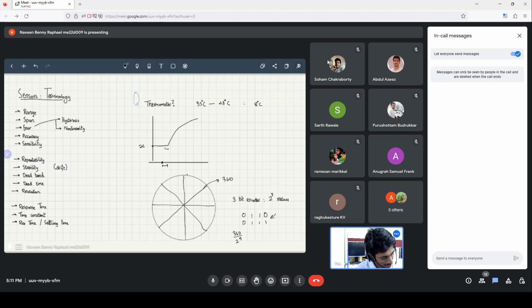So say you're here, you'll require to move the wheel an entire 45 degrees before the output changes. Therefore, the resolution of a 3-bit encoder will be 360 by 2 to the power 3.